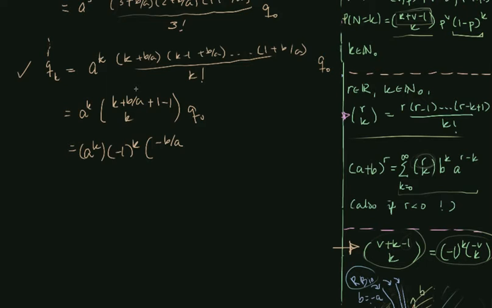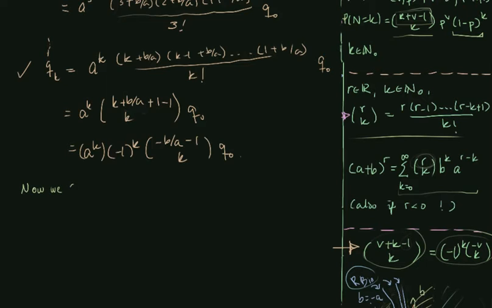So our v will be b/a + 1. And when we have used this formula, we need to end up with minus v, so it will be -(b/a + 1) choose k, q0.